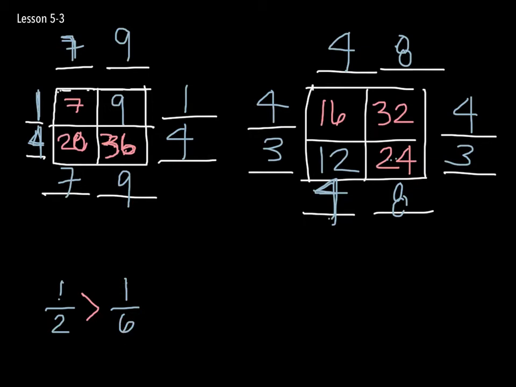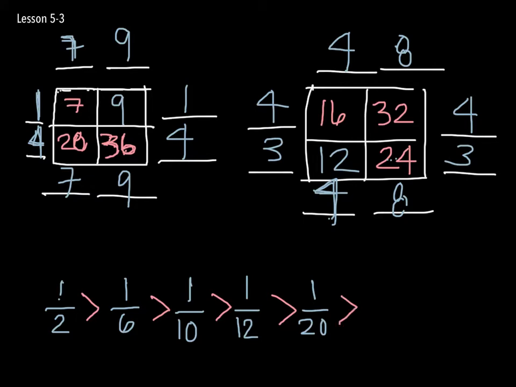Just like we know 1/6 is going to be greater than 1/10. Because if you have one pie, and we cut it into 10 slices or 6 slices, those slices will be bigger with 6. 1/10 is bigger than 1/12. 1/12 is bigger than 1/20. 1/20 is bigger than 1/40. 1/40 is greater than 1/100.